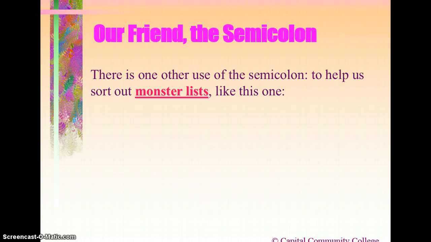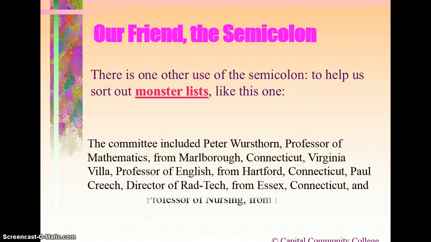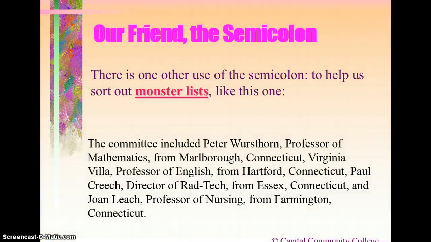One other use of the semicolon: it helps us when we have really huge lists of things within sentences like this one. So here we've got all of these people. We have their names, their titles, and their places. So this gets really confusing if we just use commas. The committee included Peter Worsthorn, professor of mathematics. Okay, we know that those commas are appropriate there because that's his title.